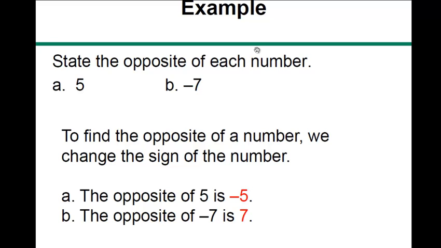We want to look at these because when we start looking at what happens with positive and negative numbers when we multiply them, what the negative sign actually means is the opposite of that number. So whenever we get multiple negative numbers in it, it actually means the opposite of the opposite. Let's look at what I'm talking about here.